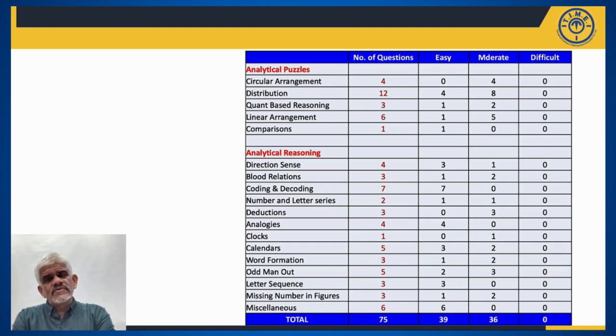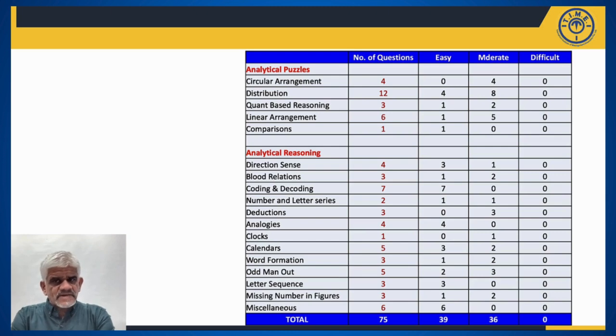Overall, in this section there were 75 questions, out of which 39 were easy and 36 were of moderate difficulty level. Difficult questions were not there.